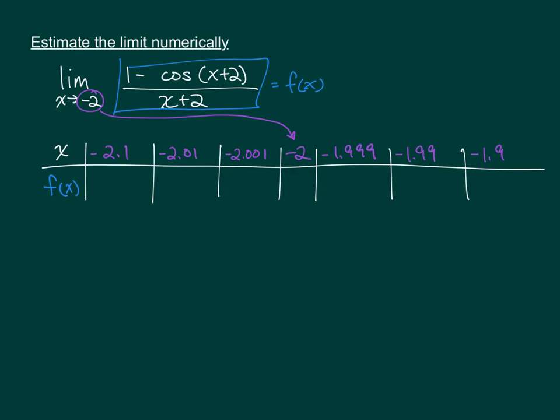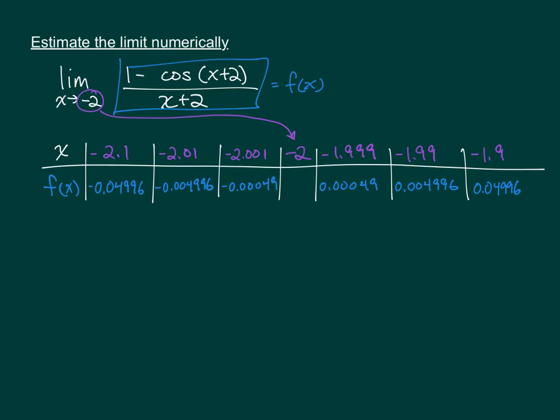So all we have to do now is substitute all of these values in for x, and let's see what happens. These are the values you get. And when you find these values, that is what will take the most time with these types of questions.